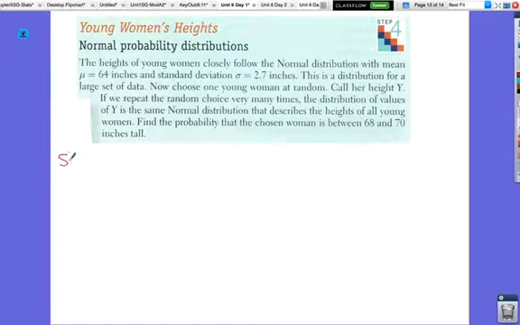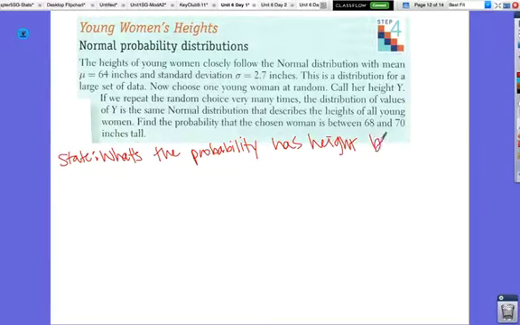Alright, so for this one we're going to state what our plan is, or what our question is. And so our question is, what's the probability that a randomly chosen young woman has a height between 68 and 70?